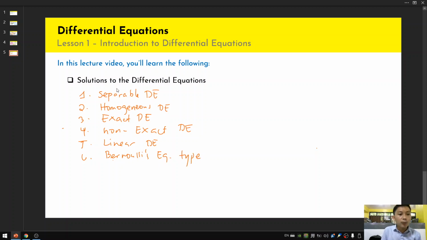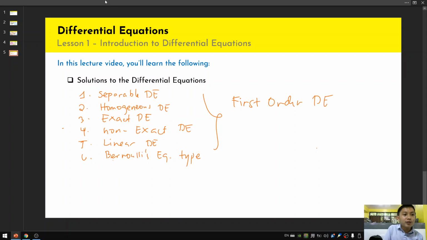Now, separable DE, homogeneous DE, exact, non-exact, linear, and Bernoulli's can be used when you are dealing with first order DE.